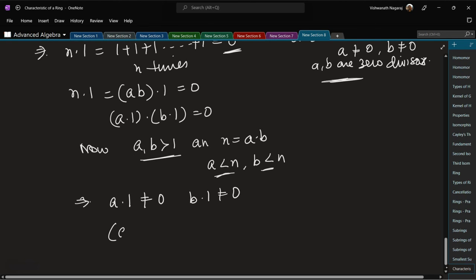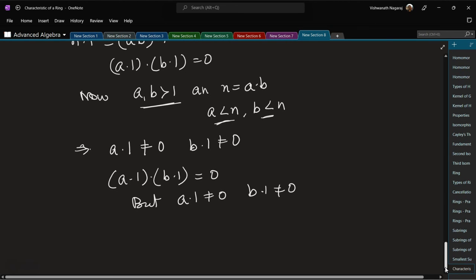So what we have is A times 1 times B times 1 is equal to 0, but A times 1 is not equal to 0 and B times 1 is not equal to 0, which means what? That A times 1 and B times 1 are zero divisors.